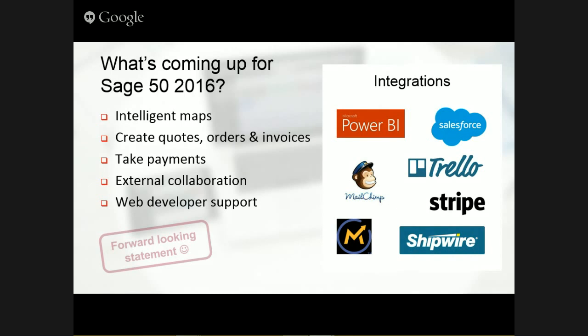So that's what I call intelligent maps. It's overlaying your Sage data, your transactional data, into a mapping interface, so that it can be used intelligently.